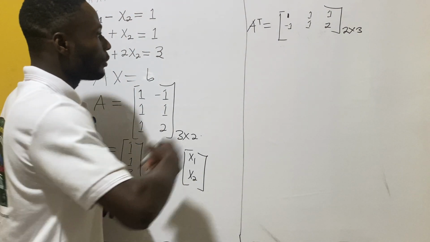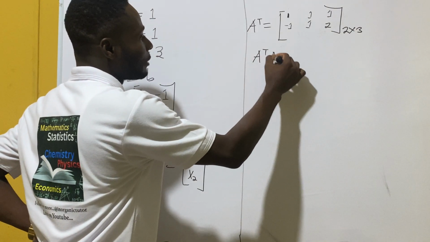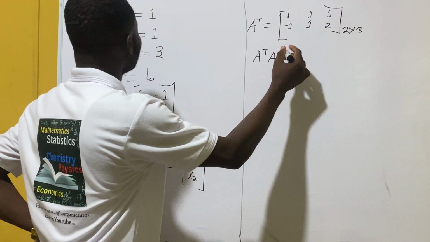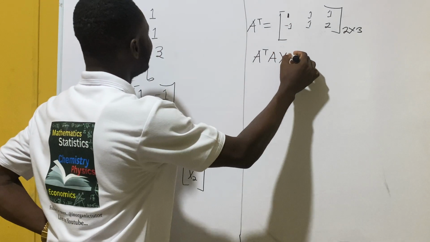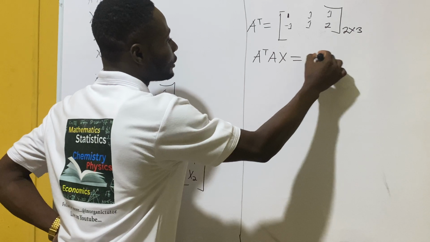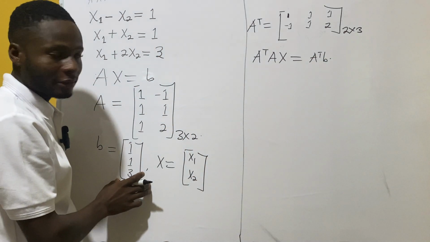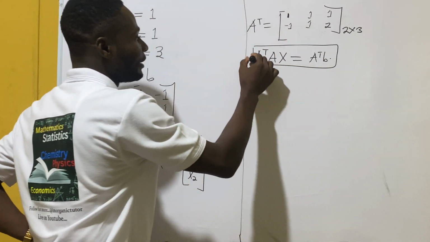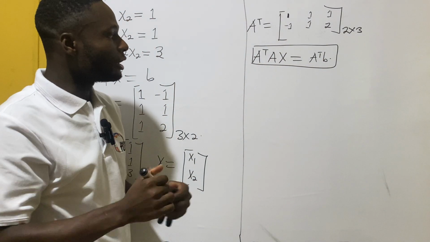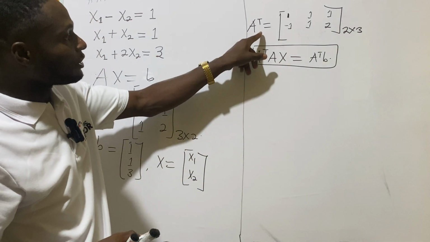So now our A transpose A, multiplied by the unknowns, should be equal to A transpose times the constant aspect, right? So this equation, we are going to utilize it very, very well to be able to find the unknowns. Okay, so here we have the transpose.